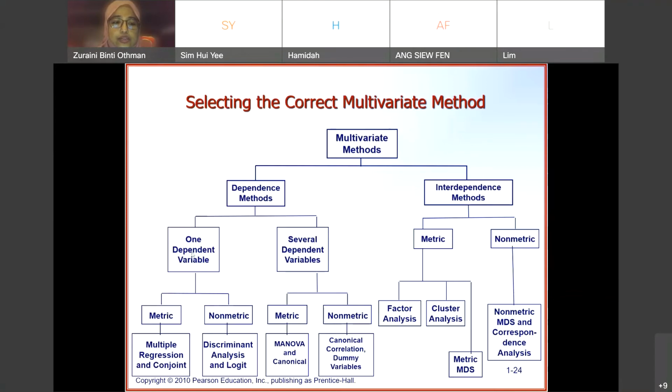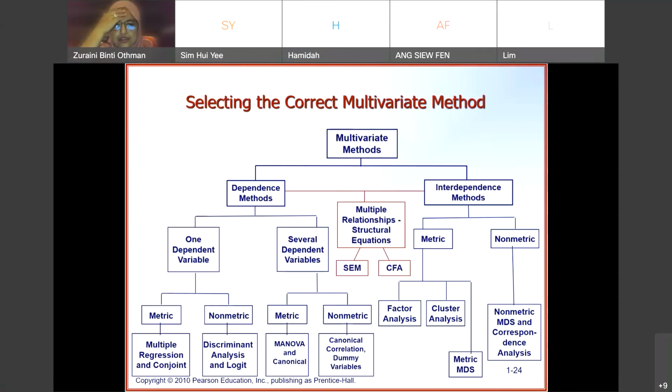If one dependent variable and the data is metric, it is multiple regression and conjoint. And for non-metric, it is discriminant analysis and logit. For several dependent variables, metric is MANOVA and canonical correlation, and non-metric is canonical correlation with dummy variables.